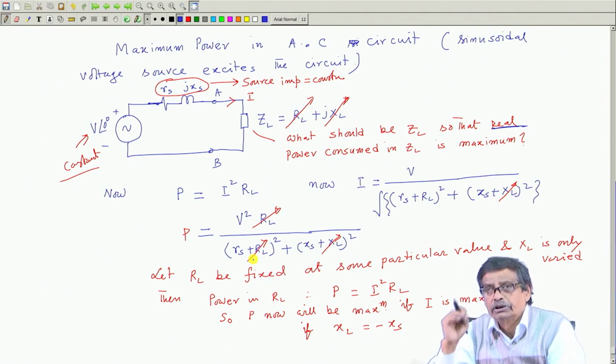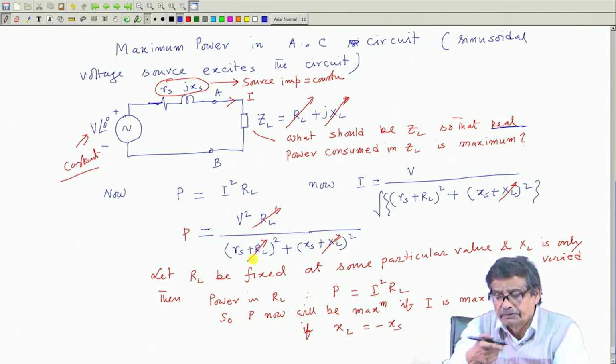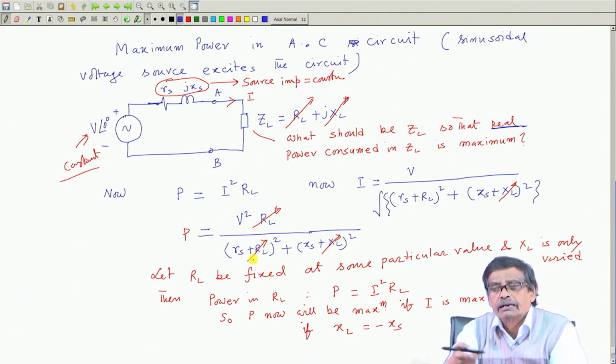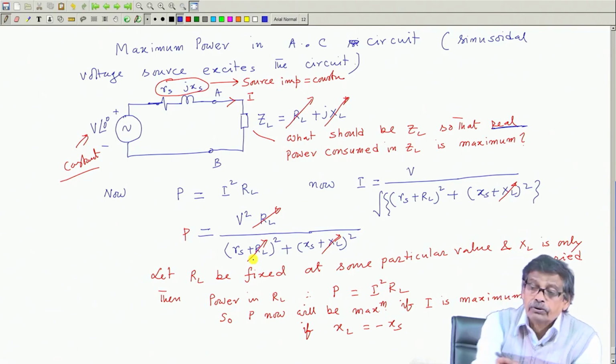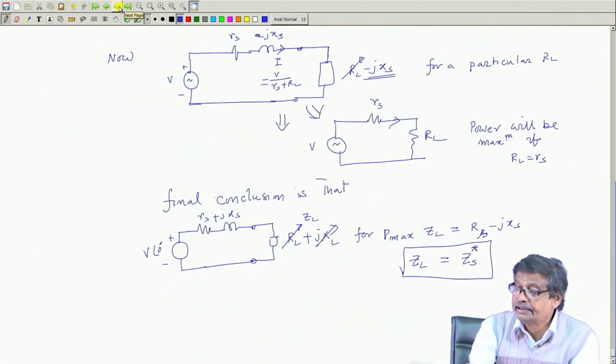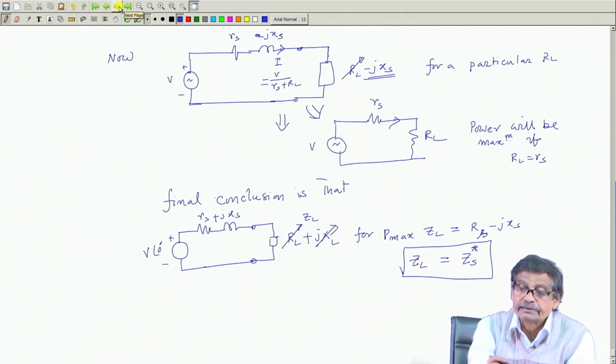Then we came to the conclusion, no matter what value of RL you have chosen, maximum power will be only when XL equals minus XS, because current is to be maximized. Then we allowed RL to vary and XL is set to minus JXS.